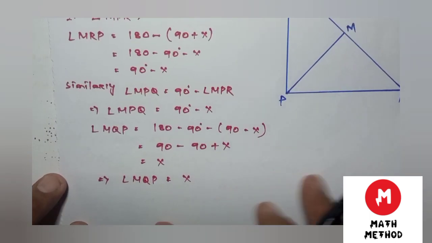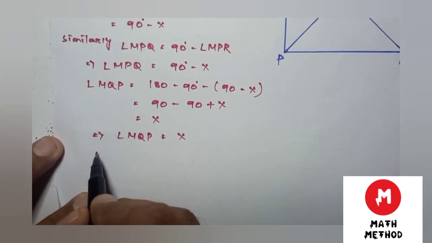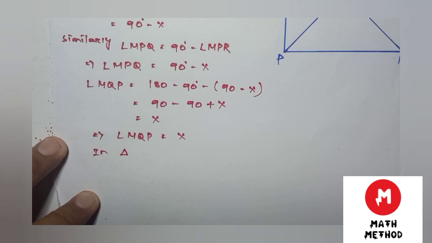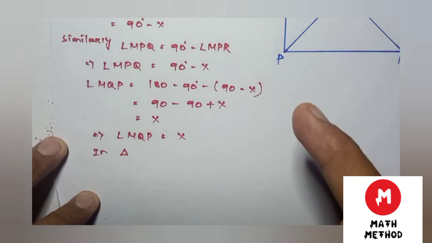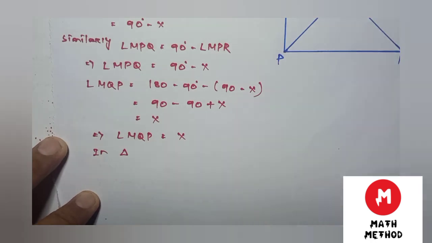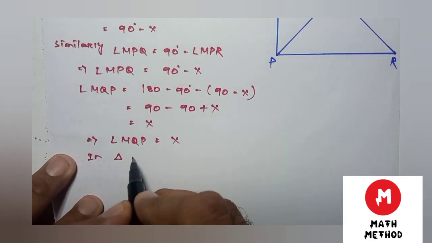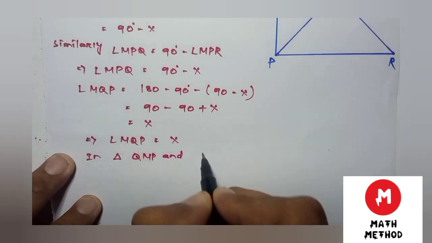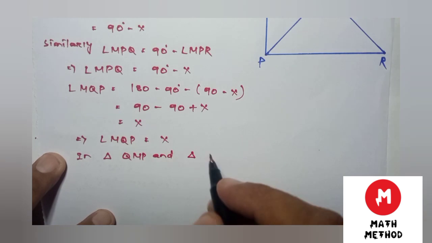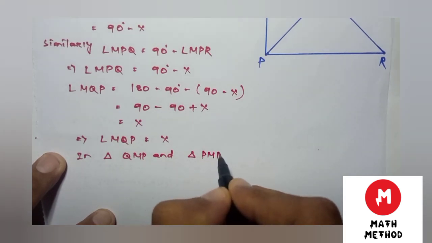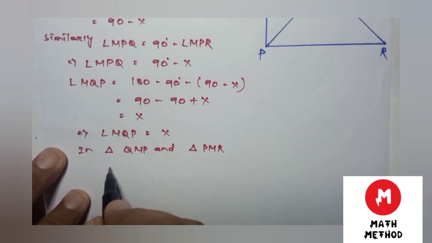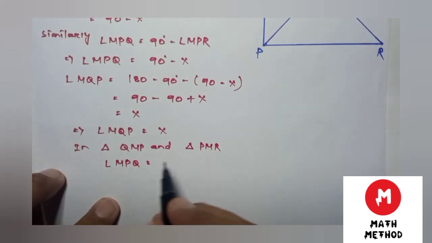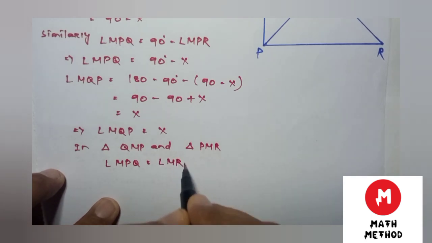Now in triangle QMP and triangle PMR. So in triangle QMP and triangle MPR or PMR, we know that angle MPQ is equal to angle MRP.